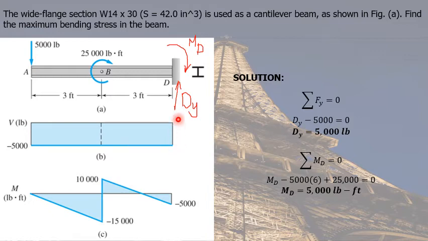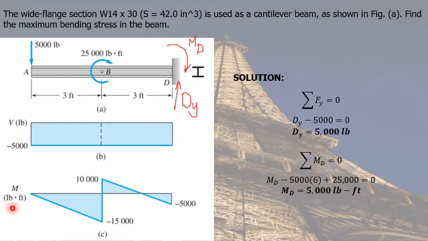And at point D, we have an upward reaction equal to 5,000 pounds. So we add negative 5,000 plus positive 5,000, that is equal to 0. So we go back to 0. In our shear diagram, we went from 0 back to 0.